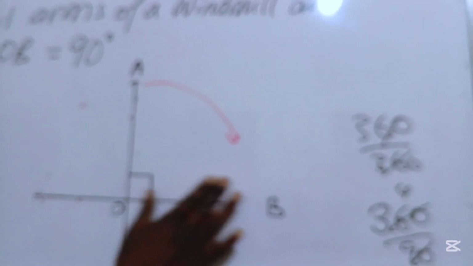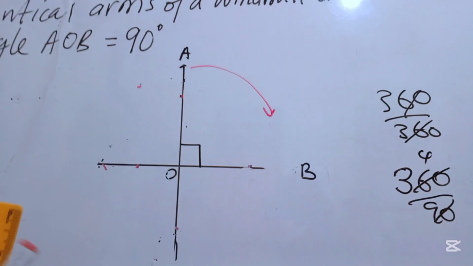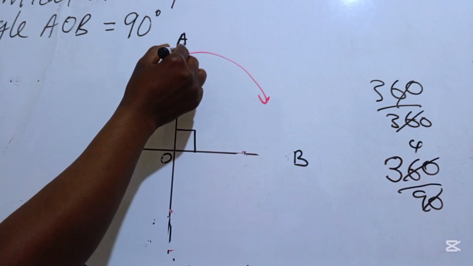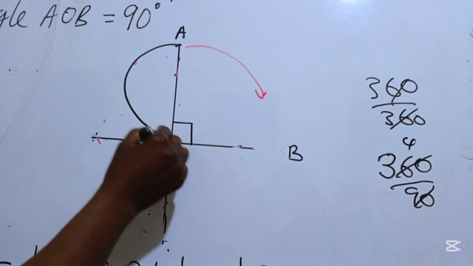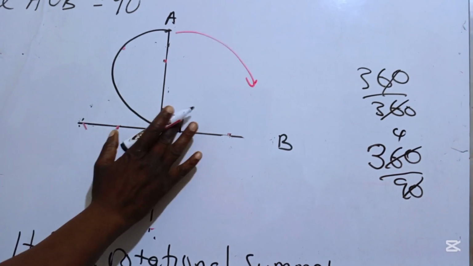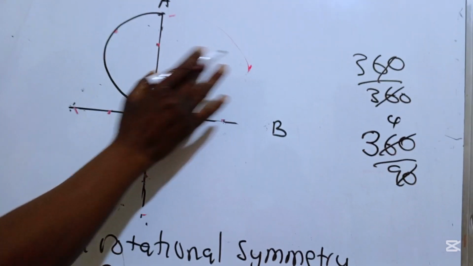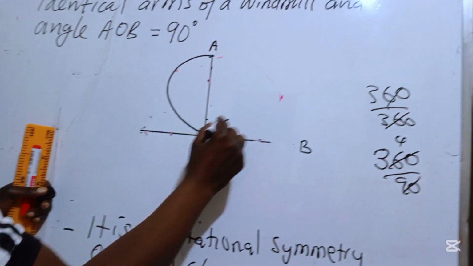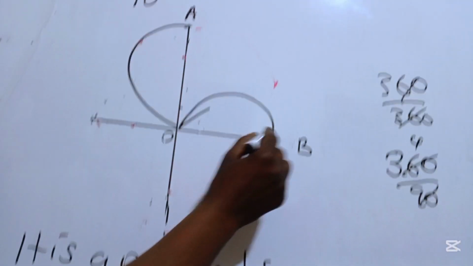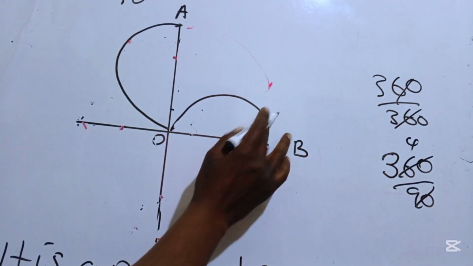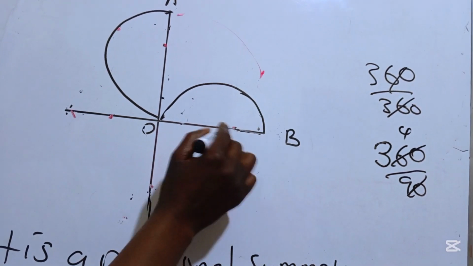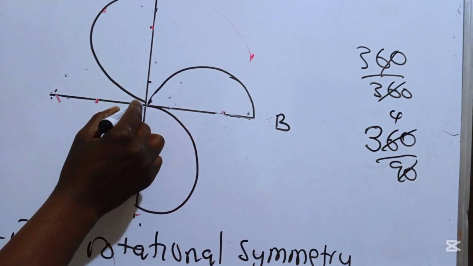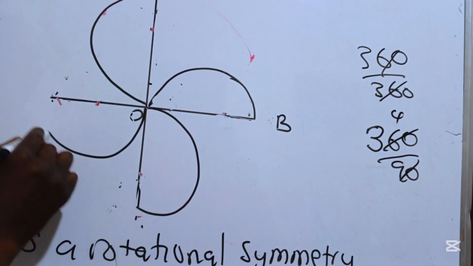They brought something which looked like this, and again the same thing, it looked like this, and then again the same thing. When it reached here, again it looked like that. When it came here, it looked like that.